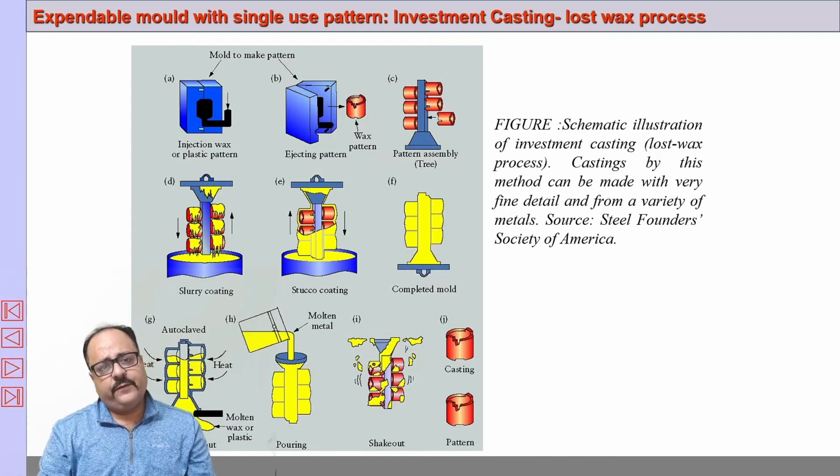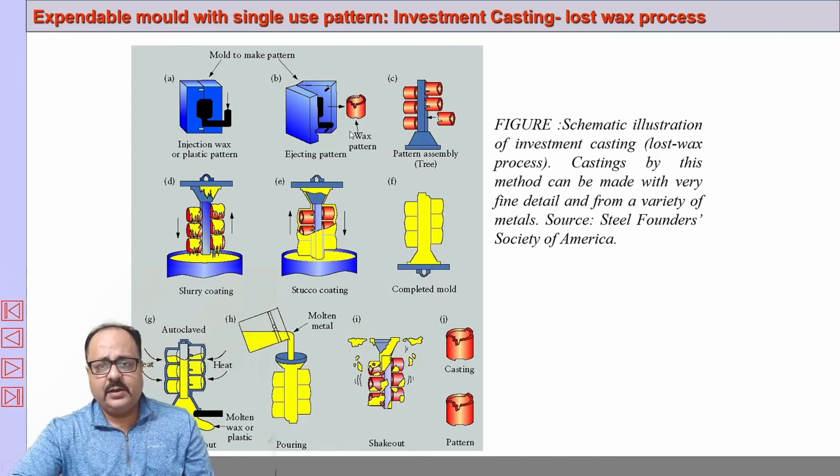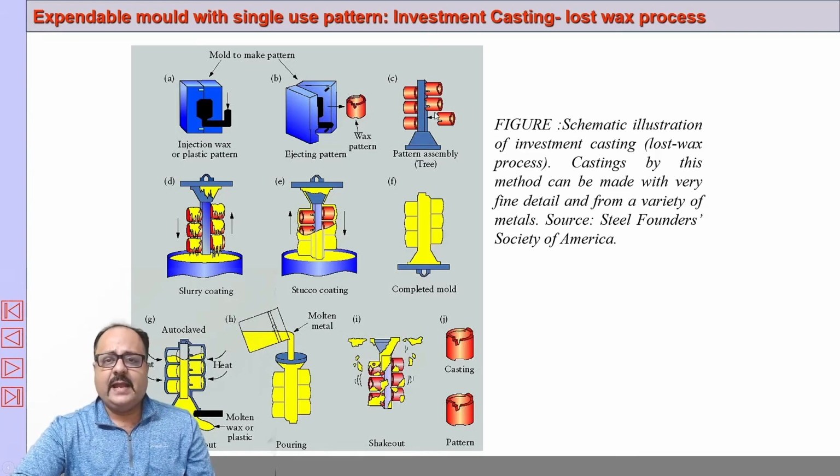Such a number of patterns are made and assembled using a wax center sprue and pouring basin. This is also made of wax, and these are assembled in a tree structure. Once it is assembled in a tree structure, it can be glued or fixed with wires, whatever, and can be done manually. Once the tree structure is made, it is dipped in a refractory slurry, normally ceramic slurry.